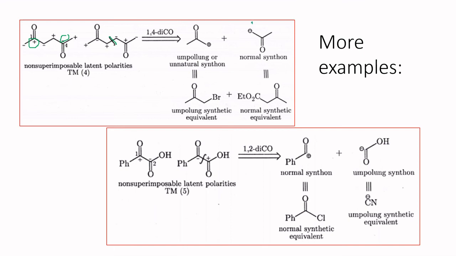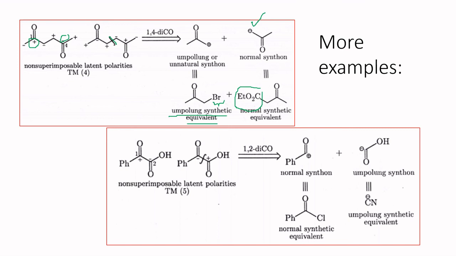The normal synthon is usually an ester, and the unnatural synthon is a carbonyl compound having a halogen substituent. This is the umpolung synthetic equivalent. It is not a natural one because it needs to be synthesized to make this compound.